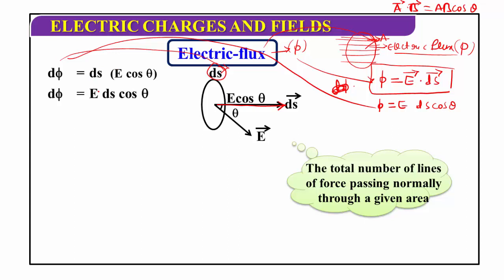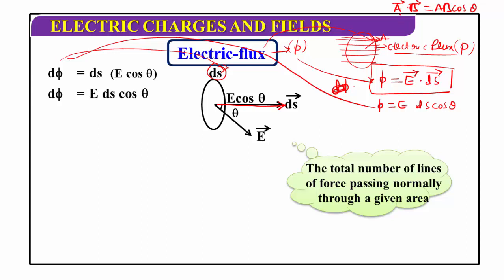I have written the same equation this way. What is d phi? It is the electric flux through this given area. D phi is the electric flux through an area ds around the point where the electric field E is given. According to the statement of electric flux, it is the product of the component of electric field along the normal to the surface and the area element.